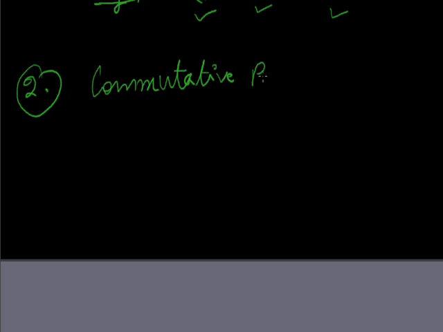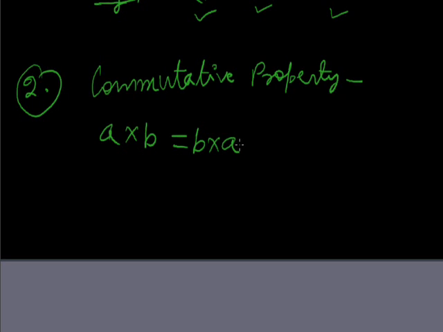Now the second property is commutative property. For any two integers a and b, we have a cross b is equal to b cross a. We can verify with any integers.